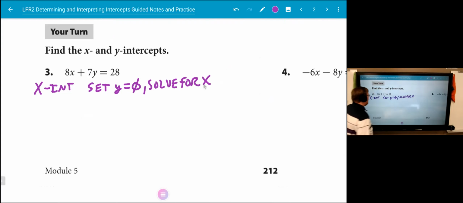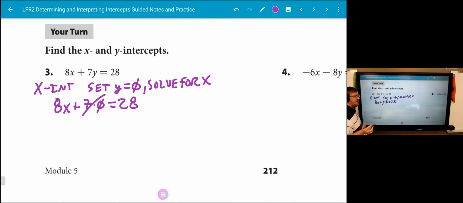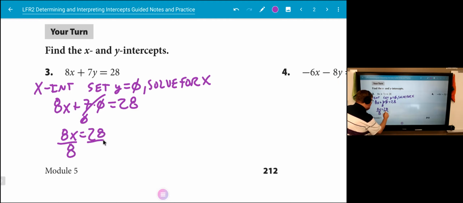If I do that, set y equal to 0, this becomes 8x plus 7 times 0 equals 28. This just disappears to 0. So this is 8x equals 28. Divide both sides by 8. So right now I've got x equals, ooh, did this too big, didn't I?